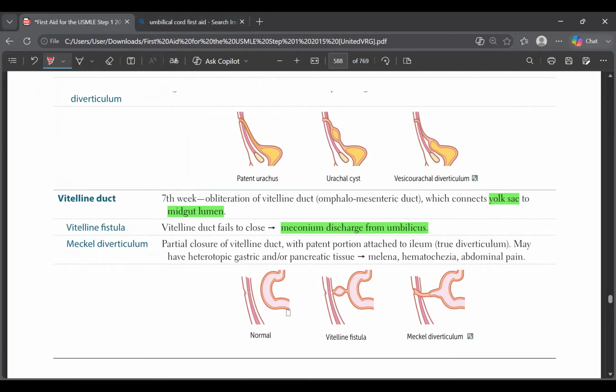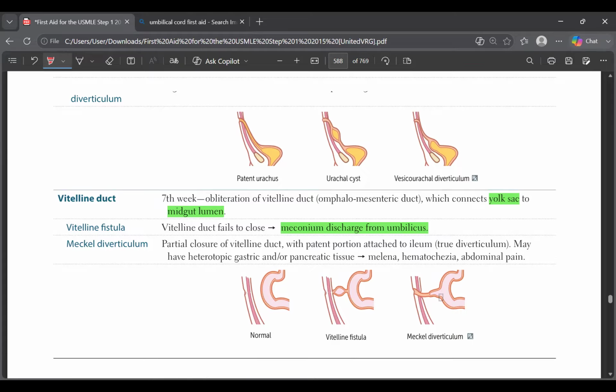Okay, so mainly the vitelline duct is obliterated during the 7th week, and here is the midgut lumen, and here is the yolk sac. If it fails to close, then there is a meconium discharge from the umbilicus, I suppose here, and if there is a partial closure of the duct, then the patent portion is attached to the ileum, which is a true diverticulum of the ileum, and it is called Meckel's diverticulum, and it may have heterotopic gastric or pancreatic tissue.